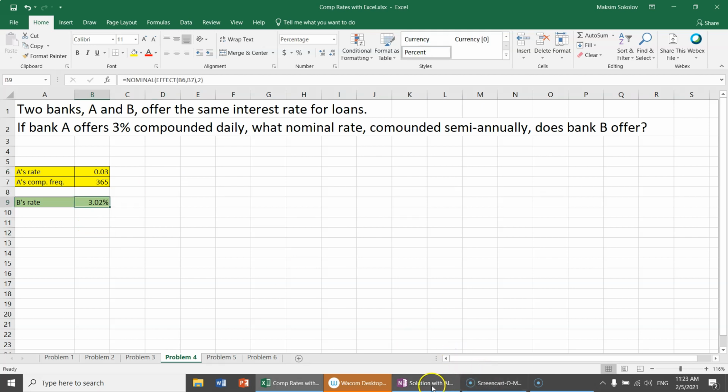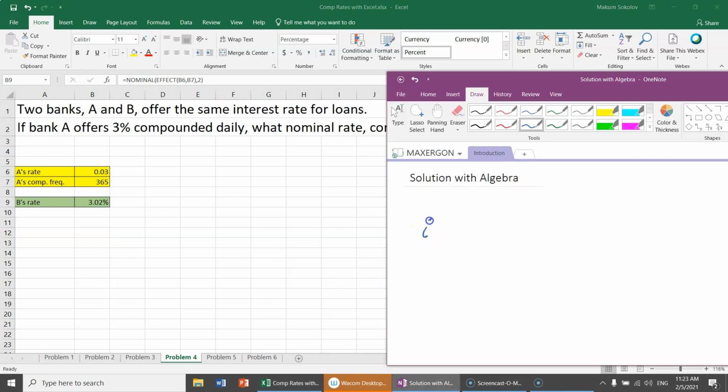Now let's use algebra to solve the same problem. The formula in this case is the formula for I2, which is 1 plus I1, to the power M1 divided by M2, minus 1. That's the formula to find the equivalent nominal interest rate. M1 is the number of times that the known periodic rate I1 is compounded, and M2 is the number of times rate I2 should be compounded.